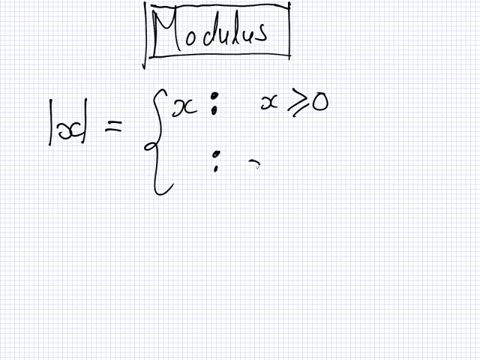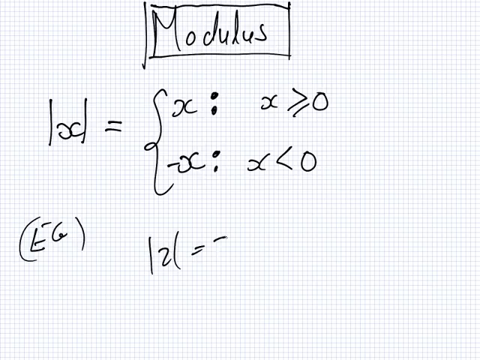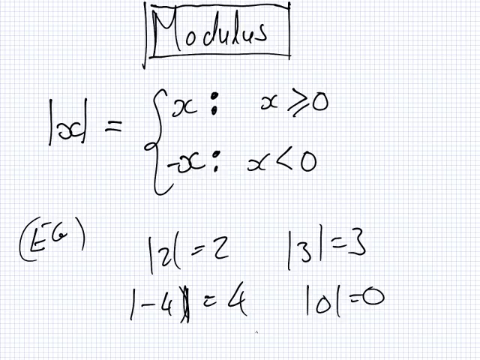If the x is negative, then you get back the positive of it. So, examples. Absolute of 2 equals 2, absolute of 3 equals 3, absolute of minus 4 equals 4, absolute of 0 equals 0, and so on. So basically we can also say absolute is always positive or 0.